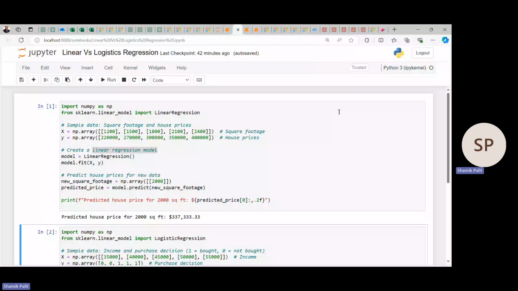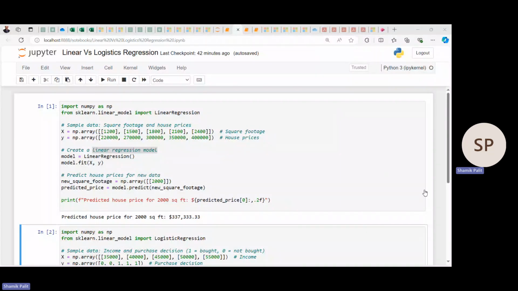We will consider one specific example to understand what type of package we need to make use of when we are talking about linear regression as well as logistic regression.